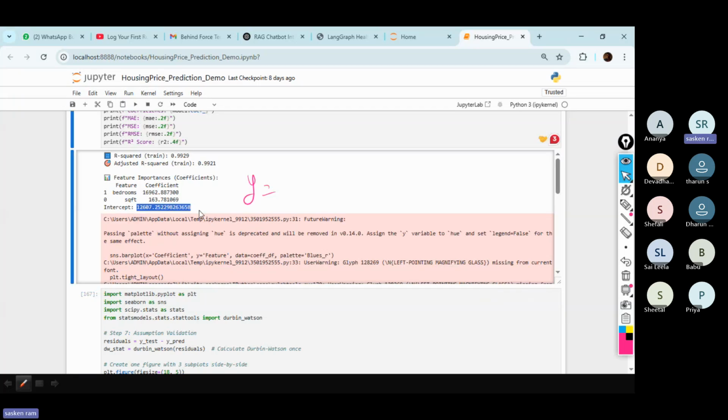Look here, the intercept is this one. We got the intercept value computed automatically. We did not use any manual way of calculating this. It is calculated automatically by my model.